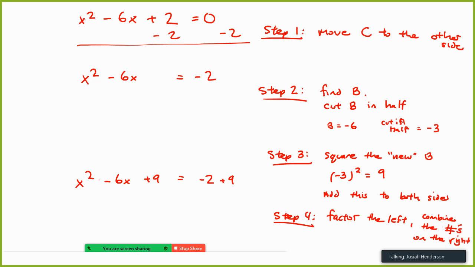Now, on the right, we're going to get 7. Negative 2 plus 9. Now, on the left, though, our new quadratic, this is not just any quadratic. It's actually a perfect square quadratic. So we did this a little bit. I forget which unit it was, either 1 or 2. It must have been unit 2.